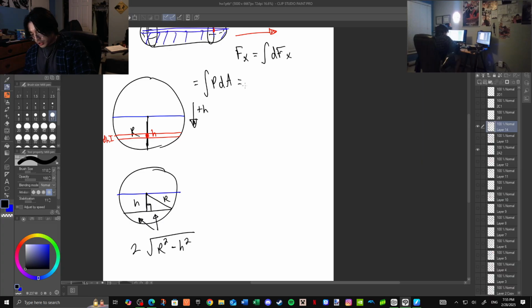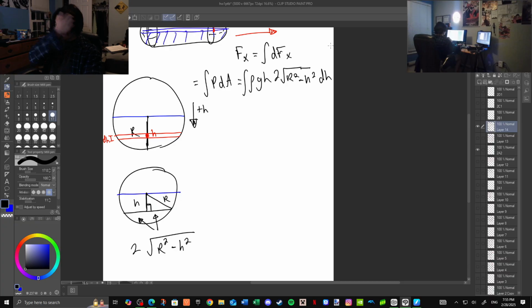And then for pressure, we would use the basic pressure formula, rho times g times h, and now we can plug in dA using the formula I just said. That would be 2 times the square root of r squared minus h squared, times dh, and again that's dA. So to make life easier, we can use u substitution on the inner part of the square root.